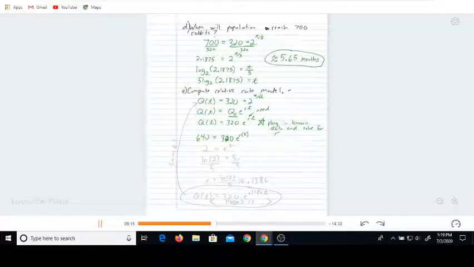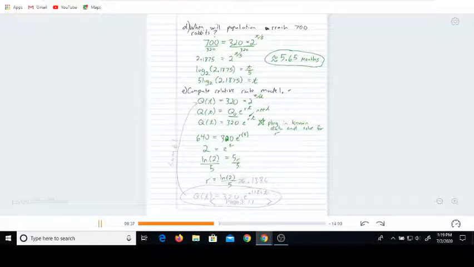Oh, well, there's our equation. We can go ahead and solve that. So we'll divide both sides by 320. That gets us 2 equals e to the 5r. Switch it to a logarithm. And divide by 5. So there's our relative rate, which is natural log of 2 divided by 5.